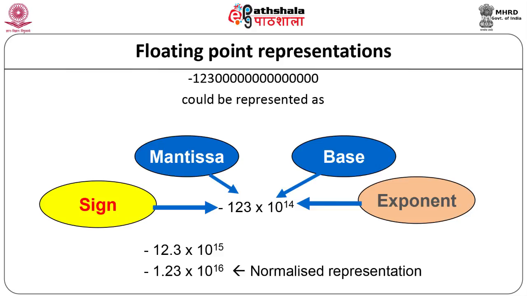We can alternatively write the same number in different scientific notations as minus 12.3 into 10 raised to 15 or minus 1.23 into 10 raised to 16. Out of these, last notation is the normalized floating point representation.